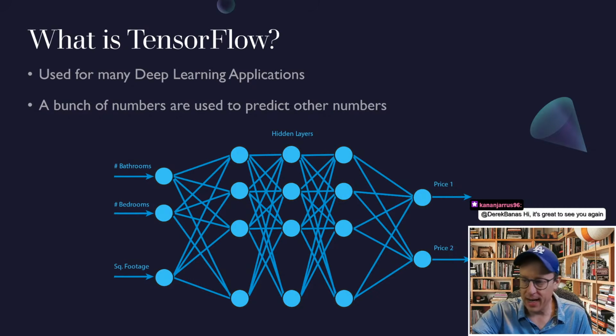You can see here an example of a neural network on your screen. What we're demonstrating is a situation in which our neural network is taking in certain input neurons, which are going to be the number of bathrooms, the number of bedrooms, and the square footage for our house. And then it is going to ultimately spit out a prediction on the price of said house.